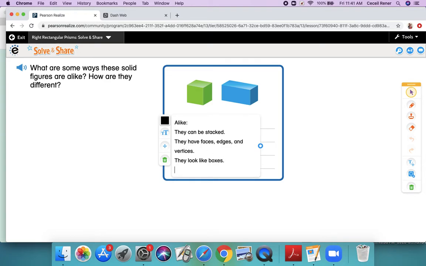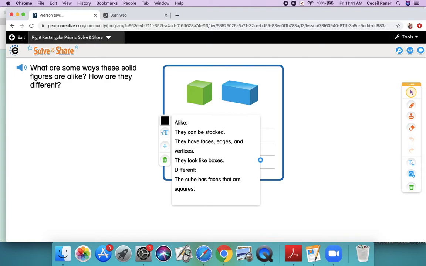Now, how are they different? How do you think they're different? What do you notice about this? Okay, so the cube has faces that are what? Squares. So the cube has faces that are squares. So that's one way they're different.